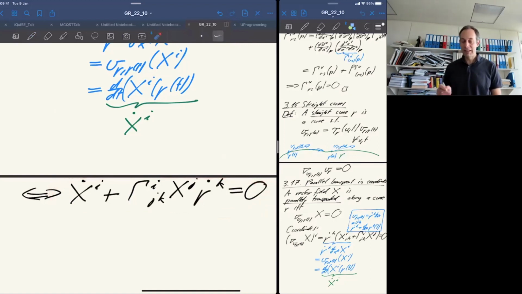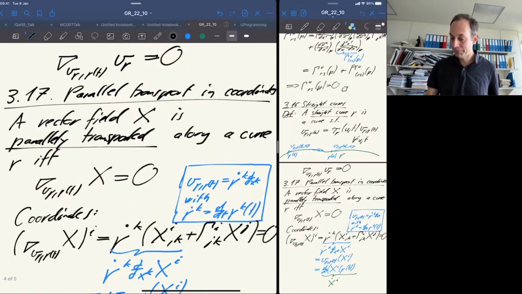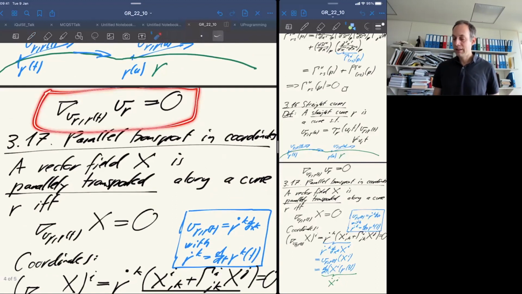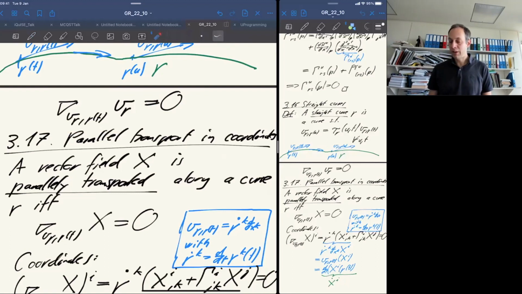Now, of course, this in particular occurs when we ask the question of whether we have a straight line. Because if you look at this condition that I wrote down for parallel transport, then I could have said that a straight line is equivalent to a curve such that if I transport its own velocity vector, so I take x to be the velocity vector of the curve, then it's parallelly transported.